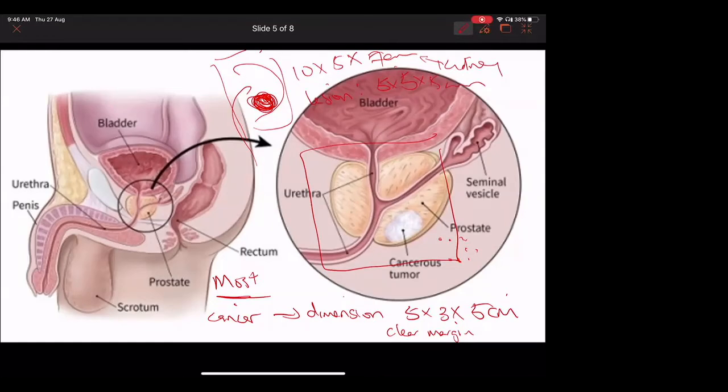Prostate cancer, same thing. Dimension of the prostate, and usually they will tell you the size of the lesion itself. But the prostate cancer, that's where the confusing thing comes. Sometimes, before you even do the surgery, you do a scan called an MRI prostate. The MRI puts your prostate through a scan, and they measure the dimension on the scan paper.